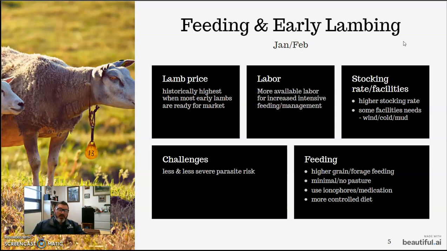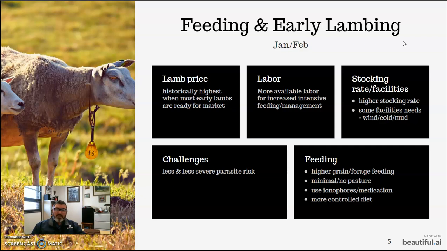There's sometimes more available labor, and that's important because you're going to probably need more intensive management and more intensive hand feeding for the early lambs because simply pasture is not available quite yet, especially here in southern Illinois. Stocking rate and facilities, you would have to focus on that. Now, please don't get mistaken here. We don't need fancy facilities.